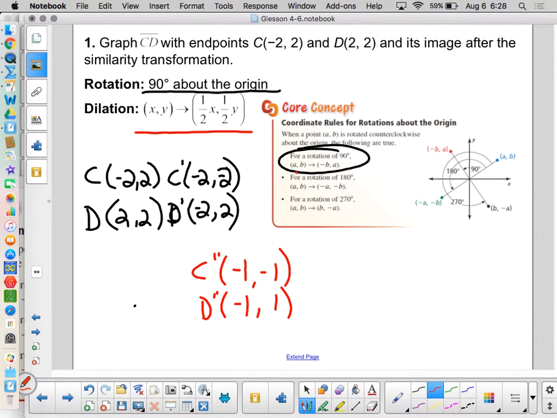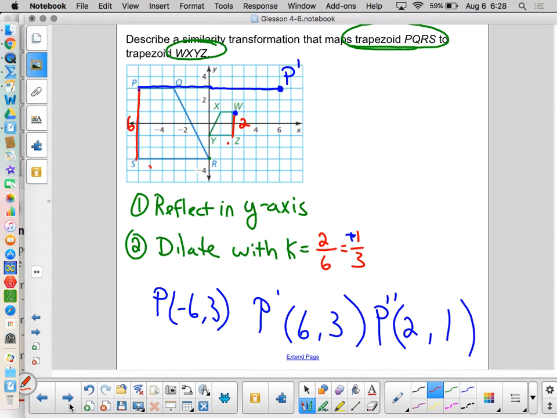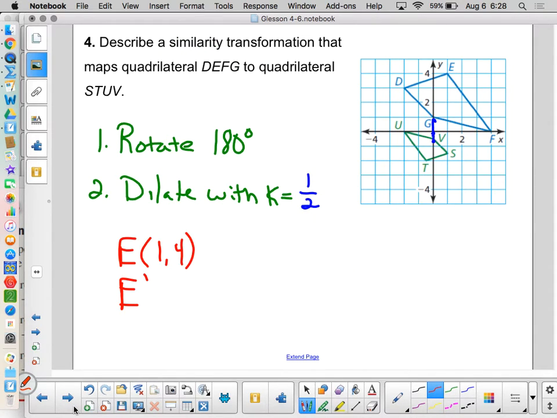For a rotation of 180 degrees, (a, b) becomes (-a, -b). So E primed would have to be (-1, -4). And then a dilation of 1/2 would put E double primed at (-1/2, -2).